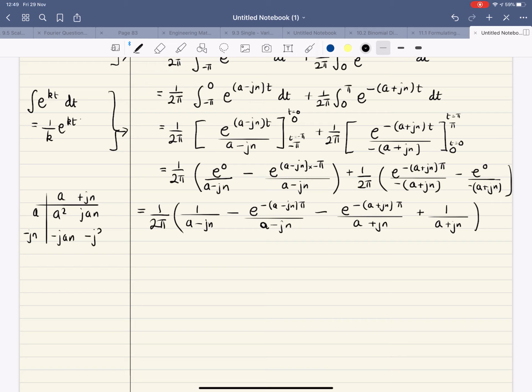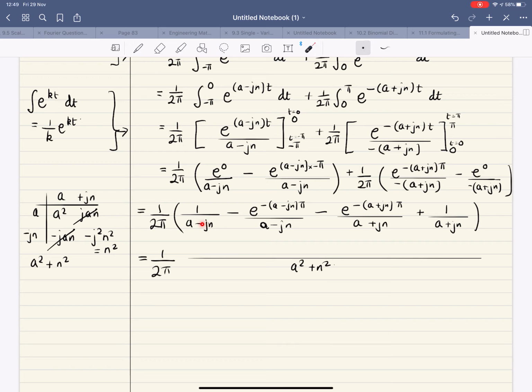This is minus j squared, n squared, which is actually plus n squared. So they cancel. So our common denominator is a squared plus n squared.